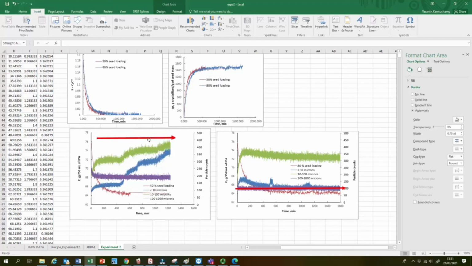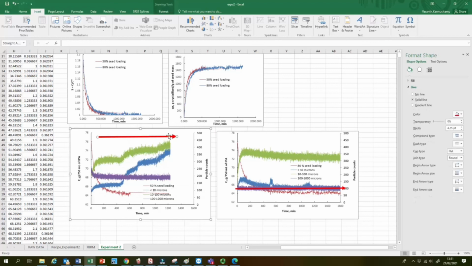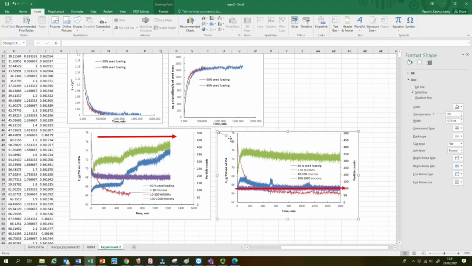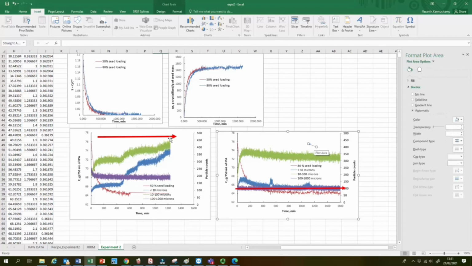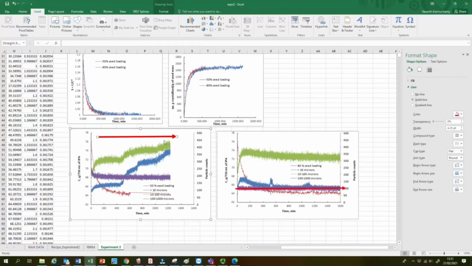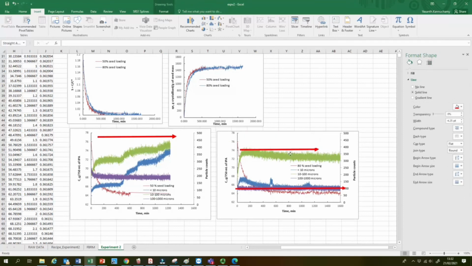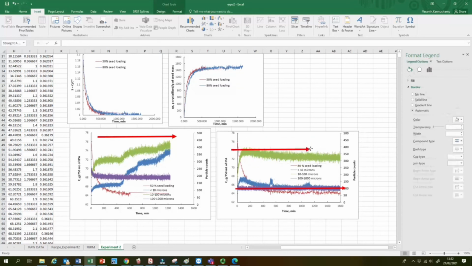So this one is your experiment 1, and this is your experiment 2 that we performed with 80% seed loading.